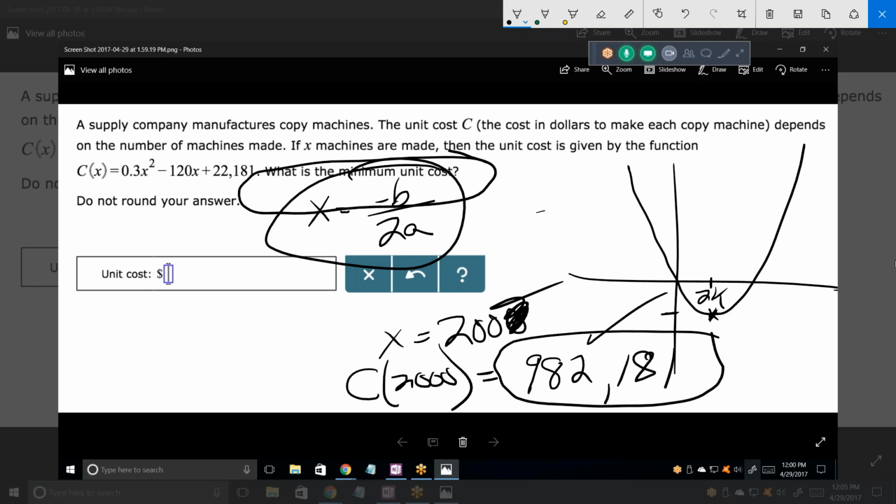I'm not sure how many. I think you got to do the whole thing over again. I don't think I can figure out what the answer is just by knowing that. No, I'll do it really quick.